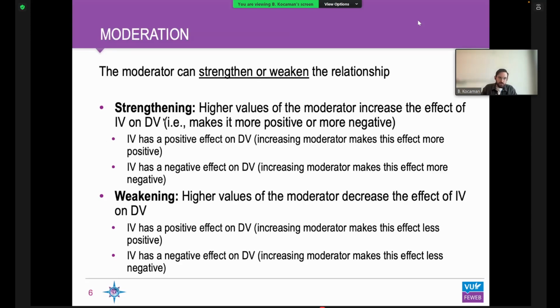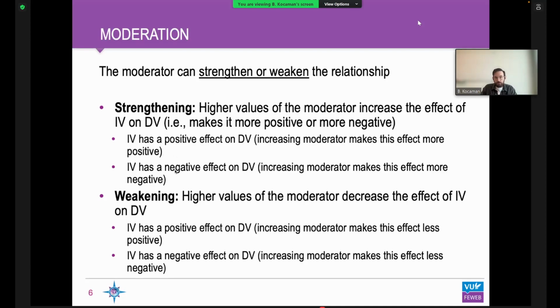What do we mean by strengthening? It means that higher values of the moderator increase the effect of IV on DV. So, for instance, if your independent variable has a positive effect on your dependent variable, increasing the moderator makes this effect more positive. So it is a stronger effect with the increasing moderator.